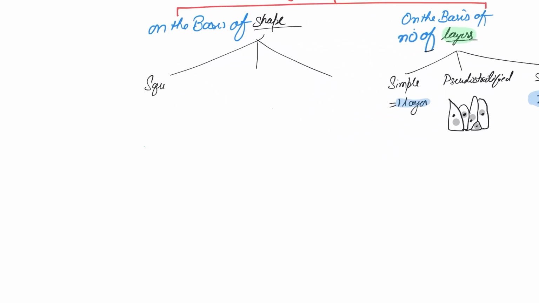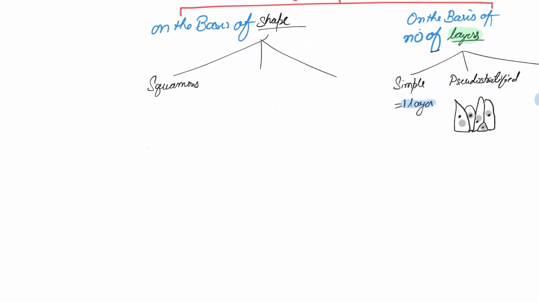Now if you talk about the shapes, they are of three kinds. You call them squamous, cuboidal, and columnar. Squamous means plate-like cells. Cuboidal means, as the name itself suggests, cube-like cells.